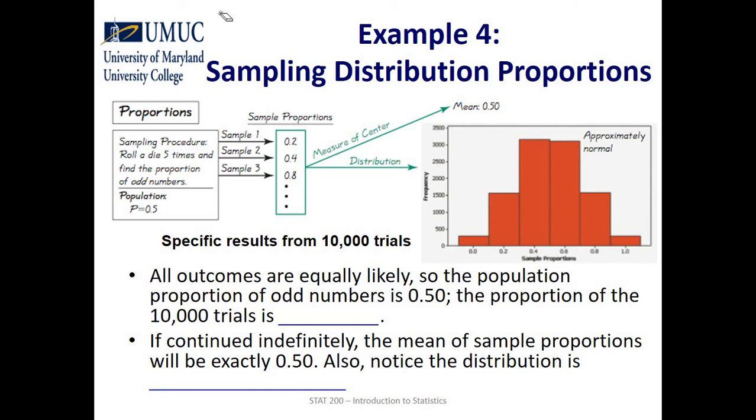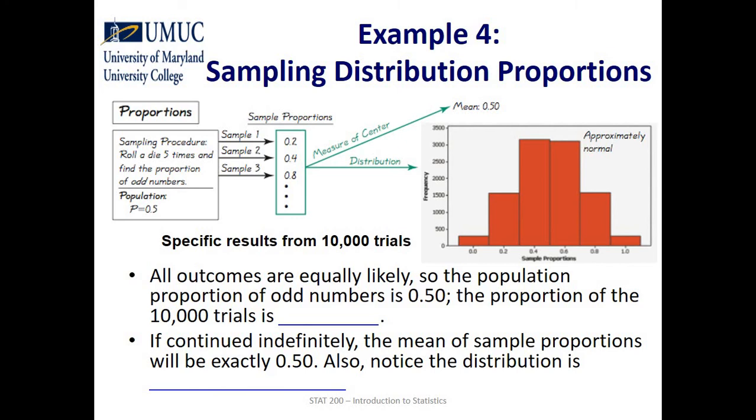Because, what are the chances that I roll 6 odd numbers when I roll a die 5 times? 0. What's the probability that I roll -1 odd numbers when I roll a die 5 times? Again, 0. You're not going to roll negative numbers or have a negative number of odd numbers.